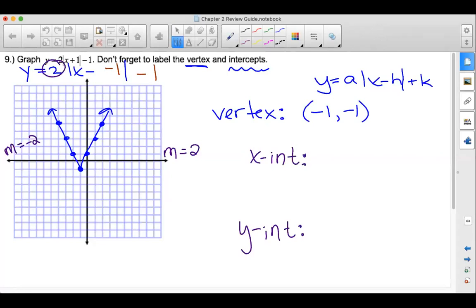So if I look here, I can see I have an x-intercept at 2 places. So I have 2 x-intercepts, but I have to find them. You can't just guesstimate. We know how to find intercepts by taking the equation and setting it equal to 0.